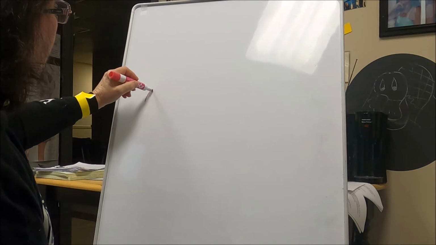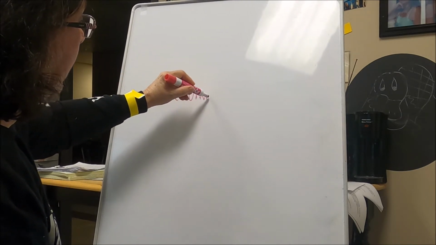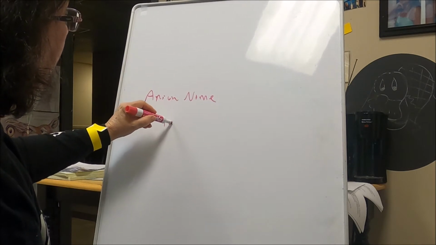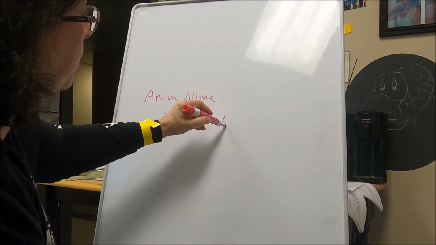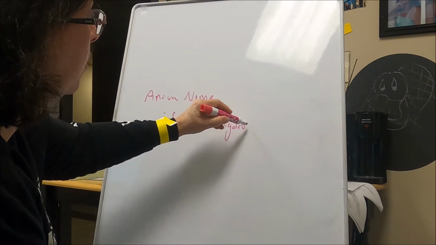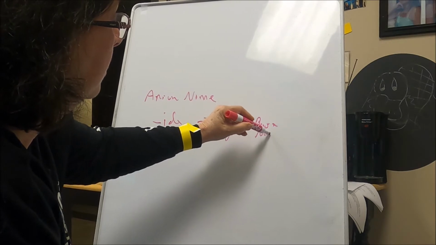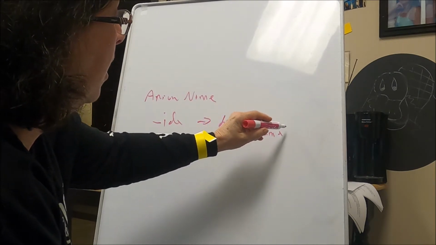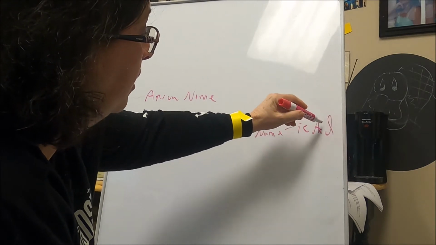So, if the anion name ends in ide, then we're going to put hydro and then the base name of the anion and then ic acid.